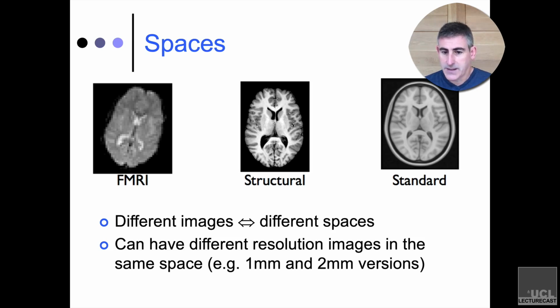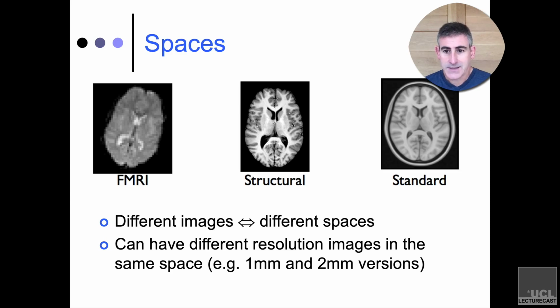But the images are different, they have slightly different shapes, different fields of view, and different resolution. The EPI data is normally 3 by 3 by 3, whereas the structural data tends to be 1 by 1 by 1, which, if you do the math, is 27 times greater spatial information than you would get from the EPI. And the standard space varies, as you can sample it at different resolutions.